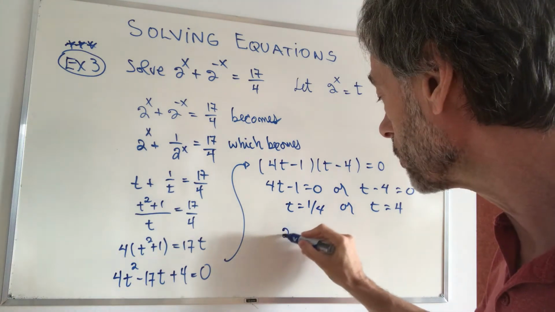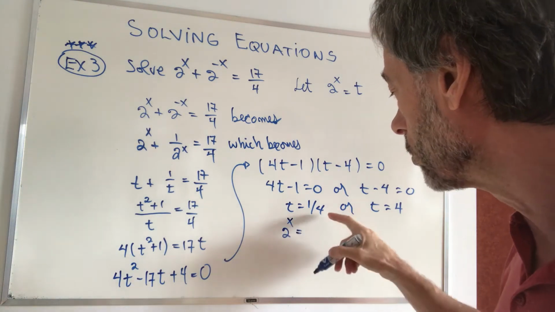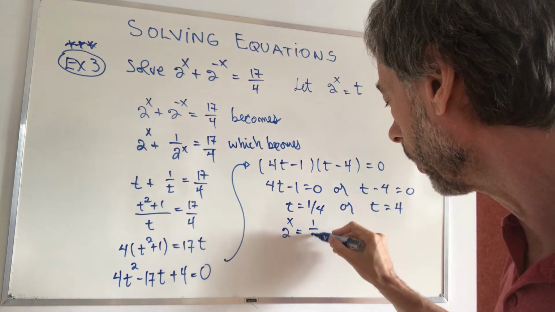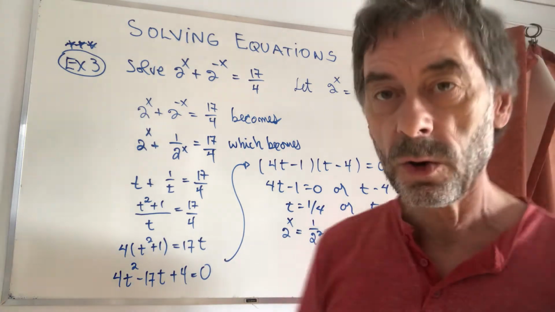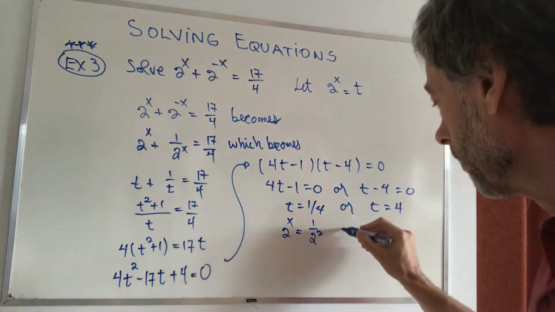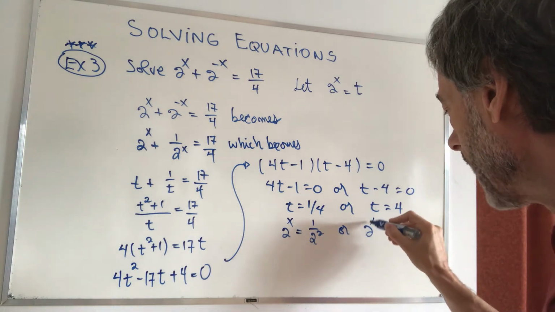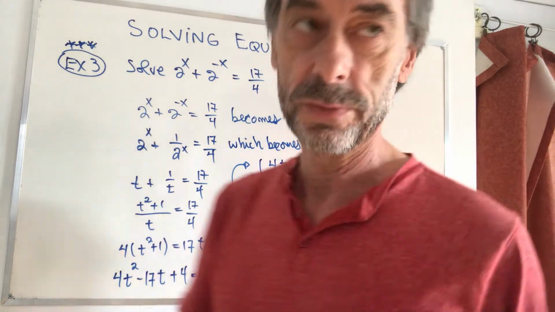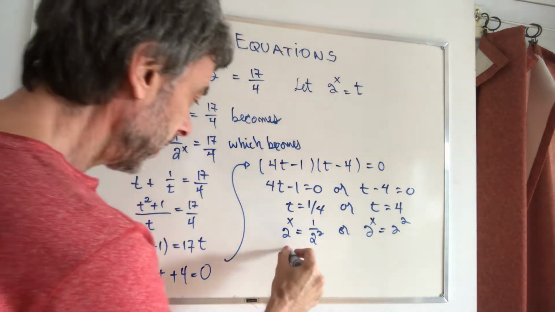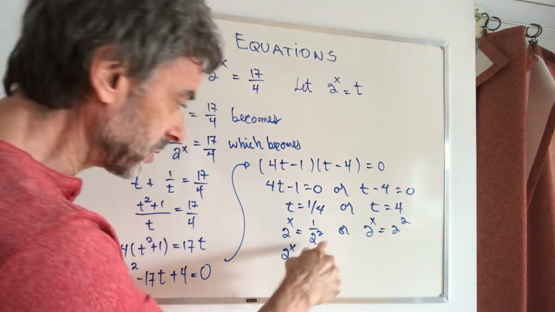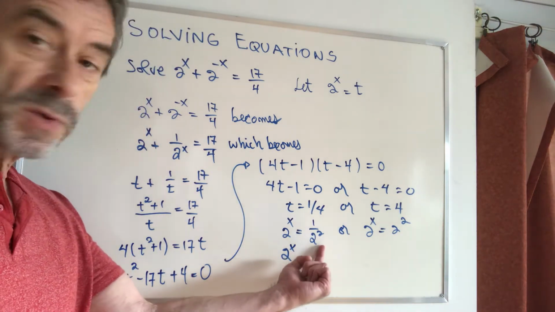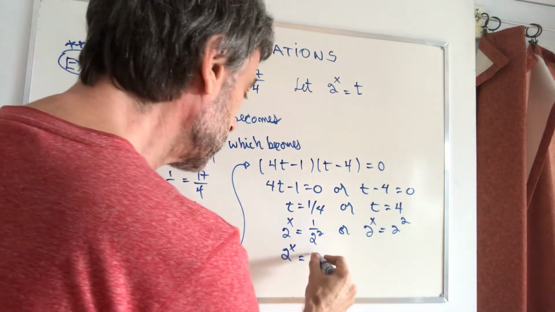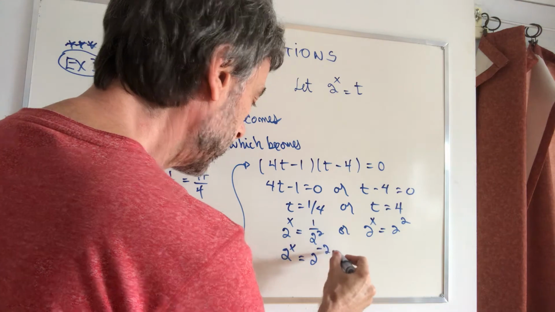So that's 2 to the x is equal to 1/4, which is 1 over 2 to the 2. So what I have here is 2 to the x equals 2 to the 2 downstairs, bring it up, it becomes 2 to the minus 2.